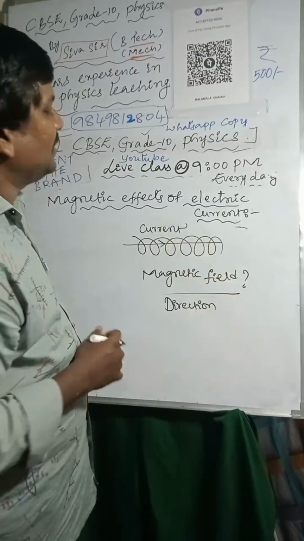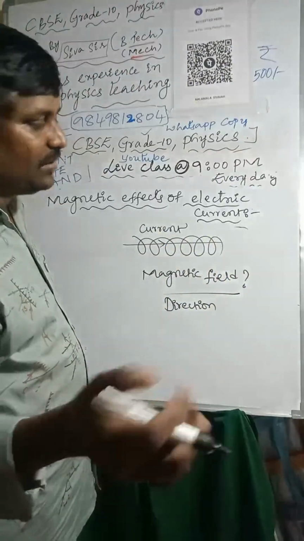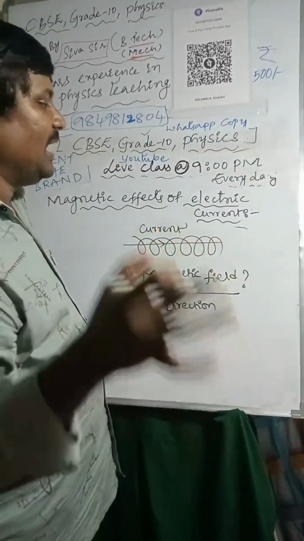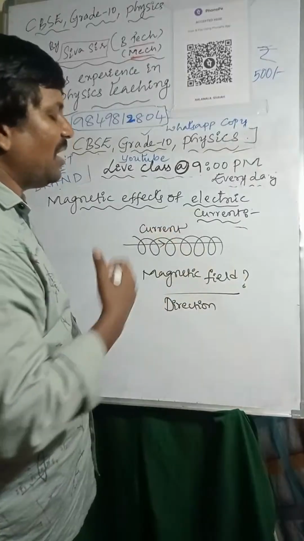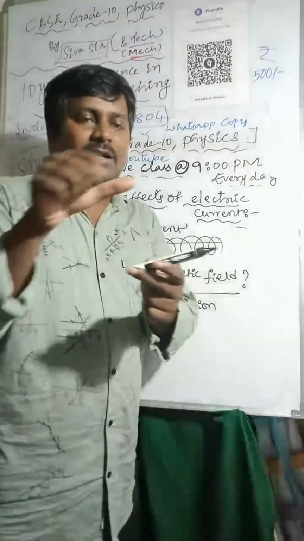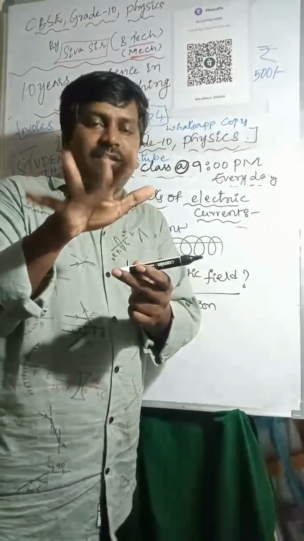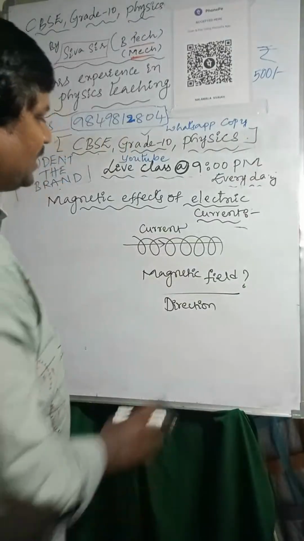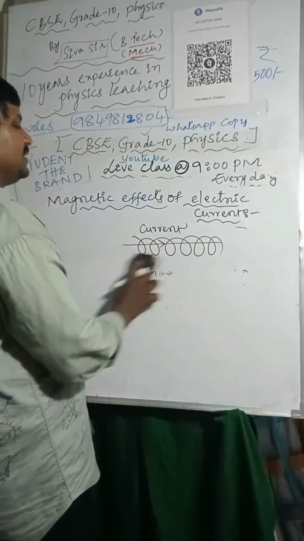How do we use it? Take the thumb along the current direction, and the curly, folding fingers show the magnetic field direction. Clear? Next one.